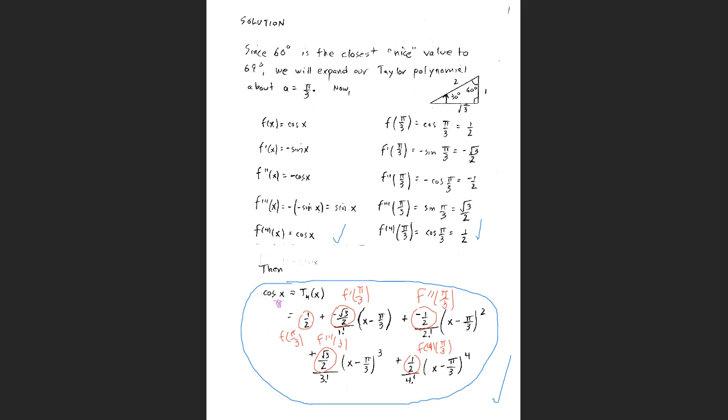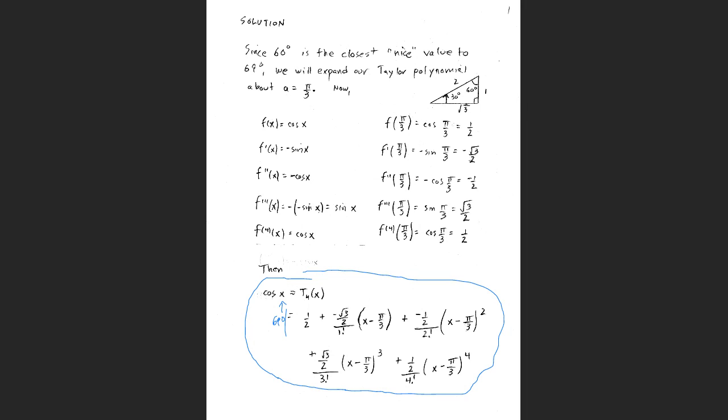So in this Taylor polynomial approximation, am I going to put in, well, can I put in 69 degrees for x?